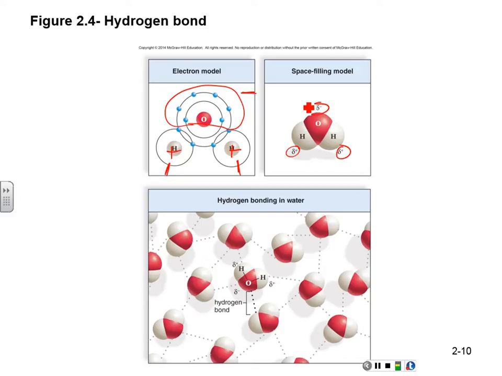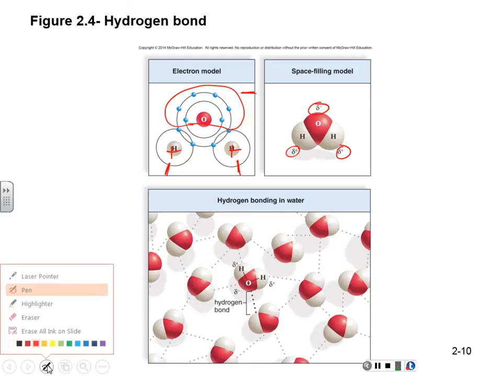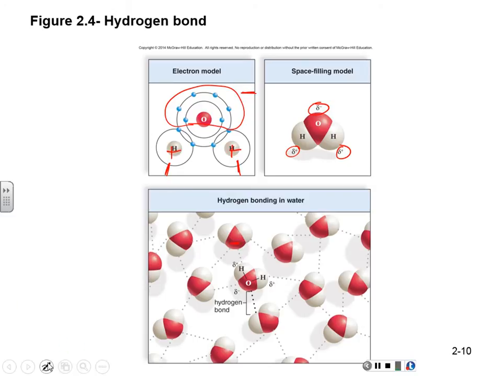So if this is negative and this is positive, this is negative, positive, negative, positive, negative. I'll just do a couple. So the negative oxygen is attracted to the positive hydrogen, and the negative oxygen to the positive hydrogen, and the negative oxygen to the positive hydrogen. We call those hydrogen bonds.